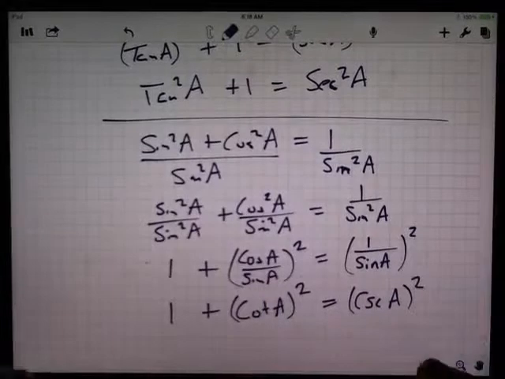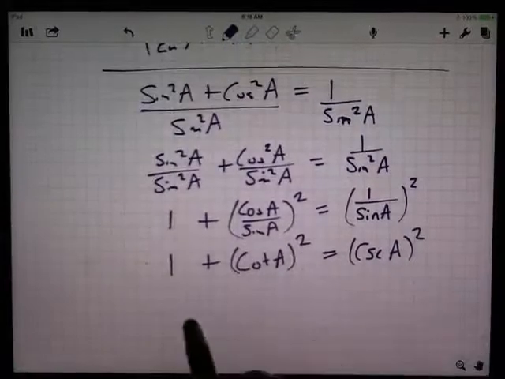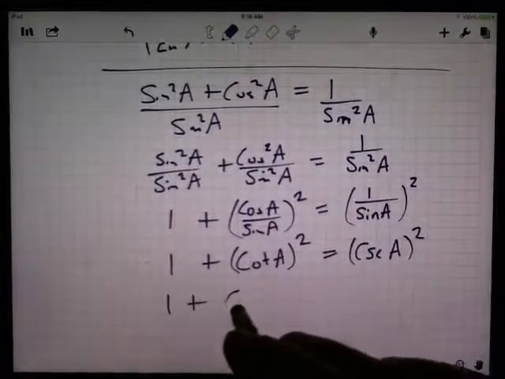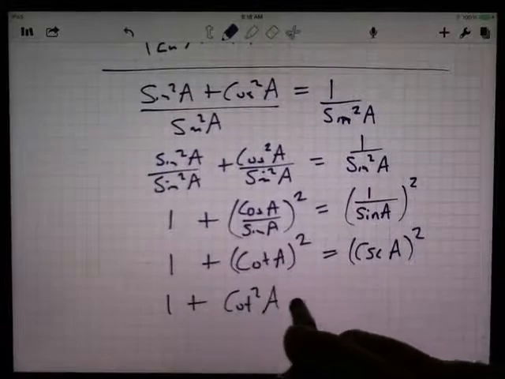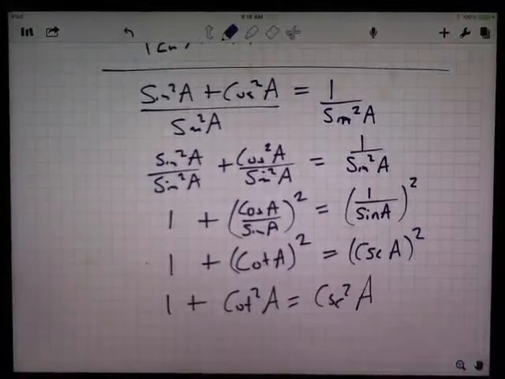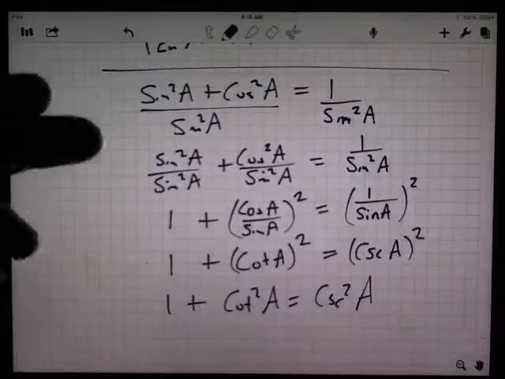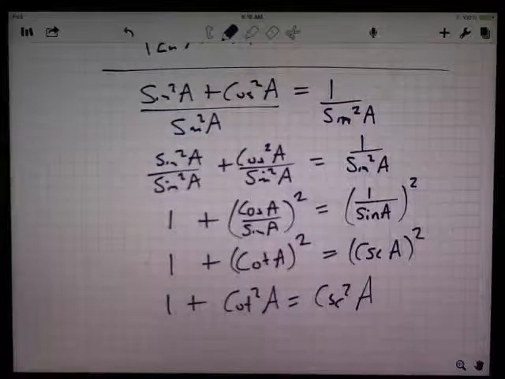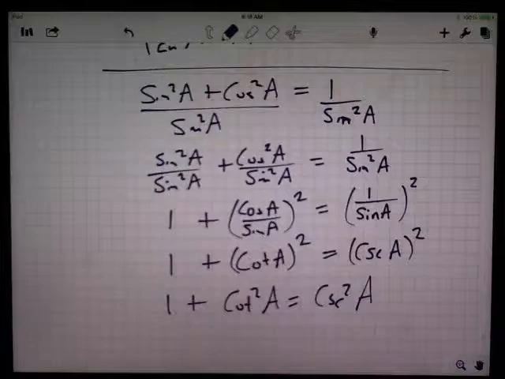And I have that squared. So just switching the notation here, this is 1 plus the cotangent squared of a equals the cosecant squared of a. Right? And there's that third Pythagorean identity, looked at from a point of view of using algebra and trig to show that it's true. Okay.